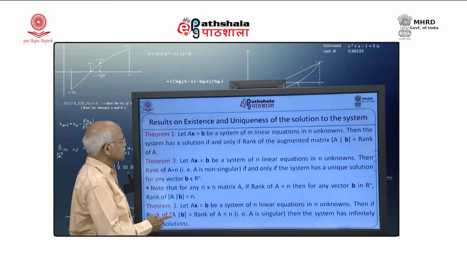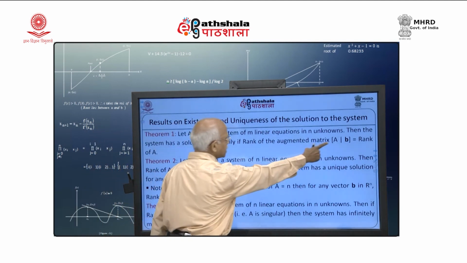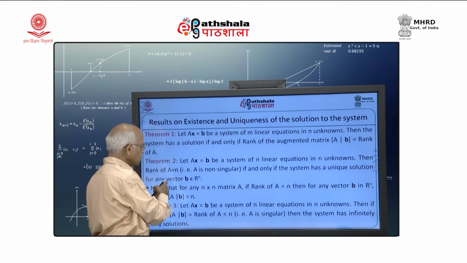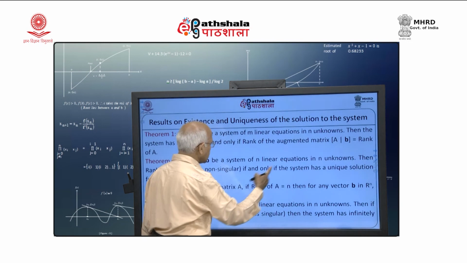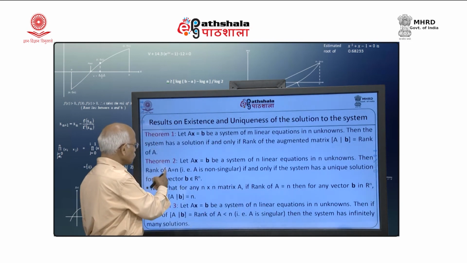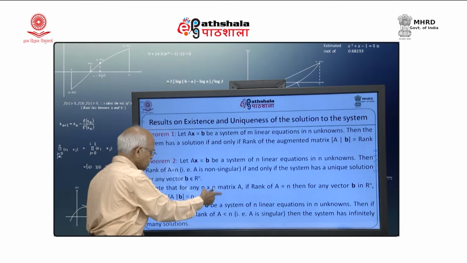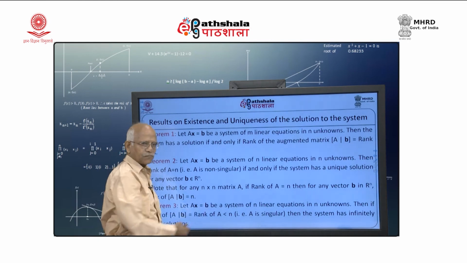So, that means for existence of a solution, the augmented matrix must have the same rank as A. For existence of a unique solution, the system should be of n linear equations in n unknowns, and matrix A should be non singular, that means rank should be n. And if you have the same system and if rank is less than n, then the system will have infinitely many solutions.